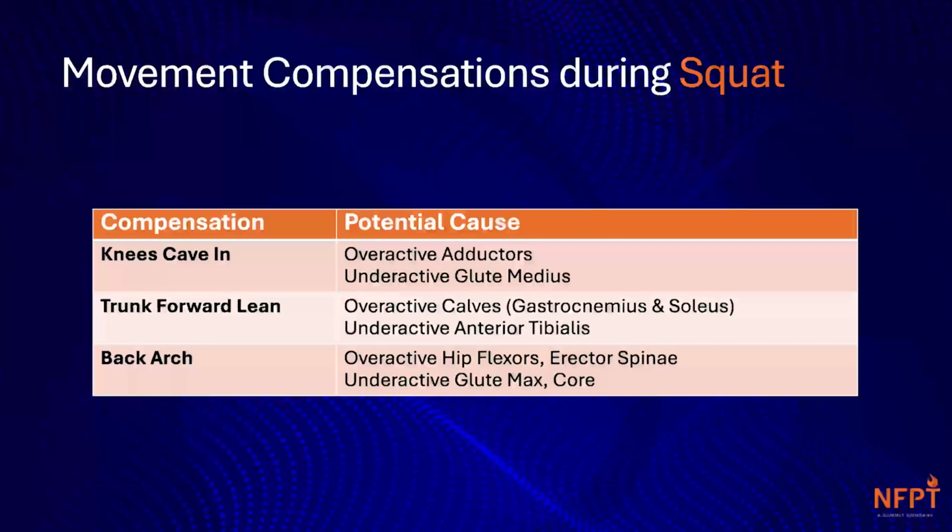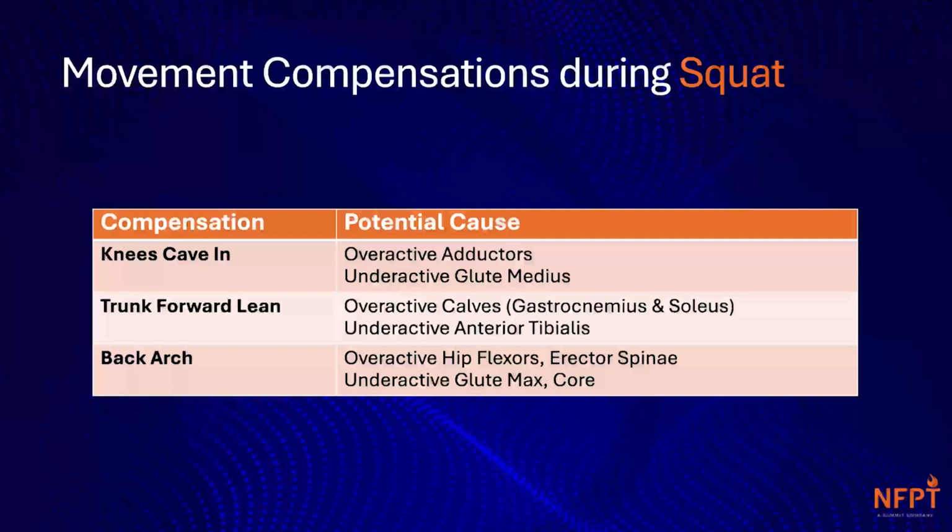Then we have a trunk forward lean, or sometimes known as an excessive forward lean. So when your client is doing a squat, and if you're looking at them from the side or a lateral view, their torso or their trunk should be remaining parallel with their lower leg or their shins. They've got a bit of a forward lean, but when it goes greater than parallel to the lower leg, then that's what we consider a trunk forward lean or an excessive forward lean.